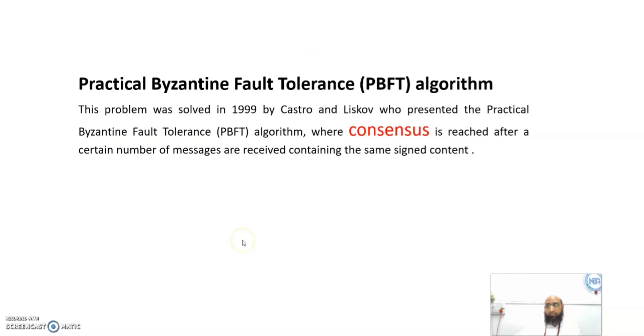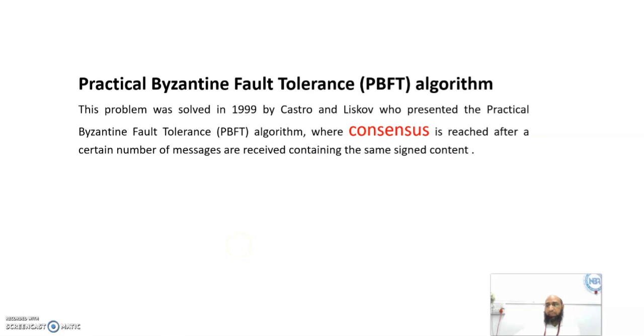One solution they have come up with: this problem was solved in 1999 by Castro and Liskov, who presented practical Byzantine fault tolerance. They proposed one algorithm where consensus is reached after a certain number of messages are received containing the same signed content. What does it mean?